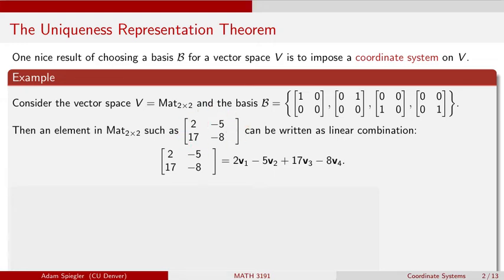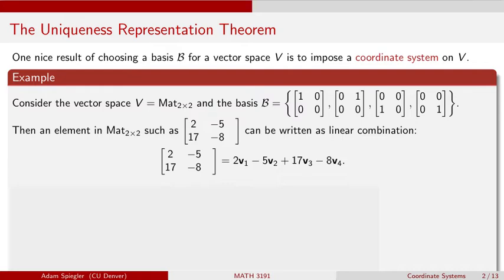In this case, we can multiply V1 by 2. That gets a 2 over here. V2 gets multiplied by minus 5 to get a minus 5 in this position of the matrix. We multiply V3, which is this matrix over here, by 17 to get the 17 in this spot. And then finally, we multiply this last basis vector by the weight minus 8 to get the minus 8 in this entry in the matrix.